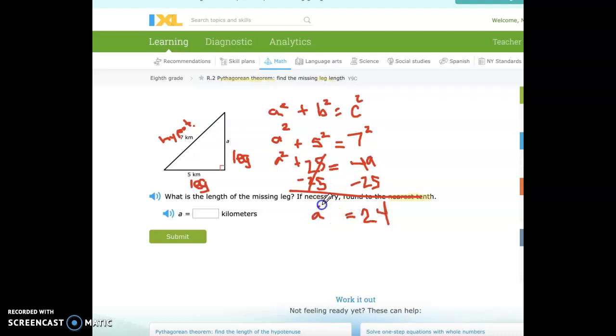That is not the answer I substitute in. Here, though, we have to realize that it's not a perfect square. We're going to square root this side, and we will square root that side. So anyways, I will have a is equal to, and it says round to the nearest tenth. So punch that number into your calculator and round your answer. So go ahead and do that.